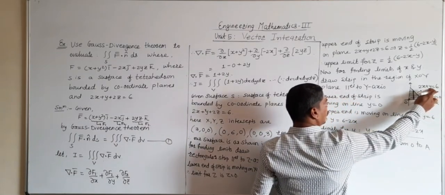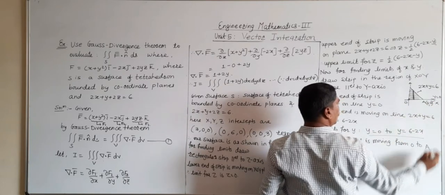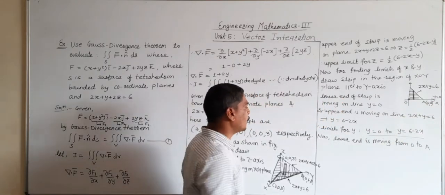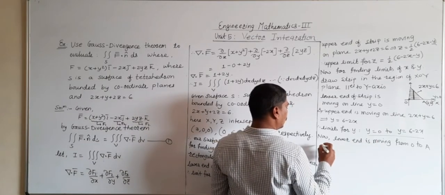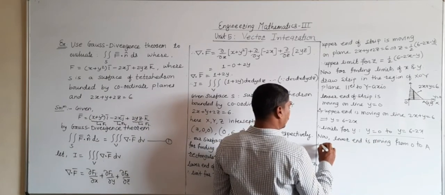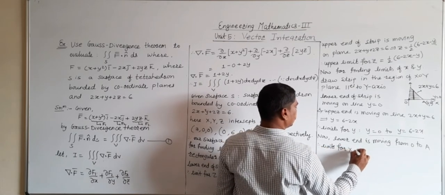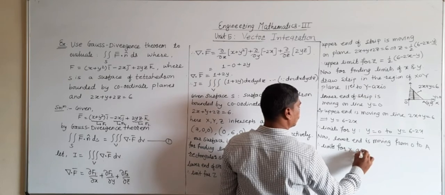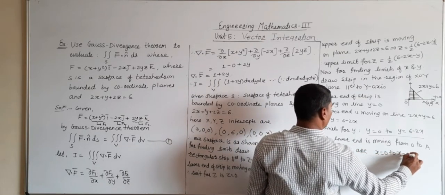So put y is equal to 0 in this equation, we get 2x is equal to 6, which means x is equal to 3. So this point becomes (3, 0). So the lower end is moving from O to A. Therefore, limits for x are x is equal to 0 to x is equal to 3.